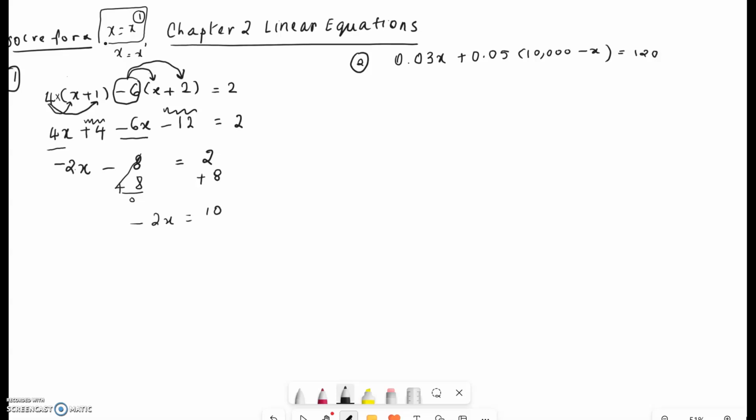Now negative 2 is multiplied to x. The only way we can get rid of it is by dividing by the exact same number, negative 2. Negative 2 over negative 2 is a 1. 1 times x is an x. So that's how we get rid of the negative 2.